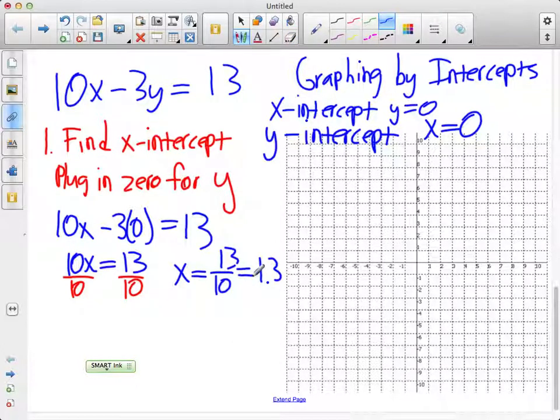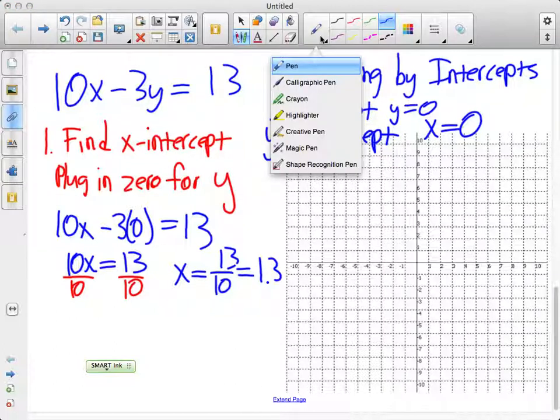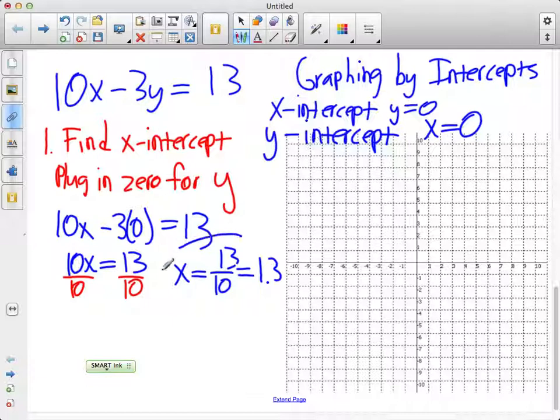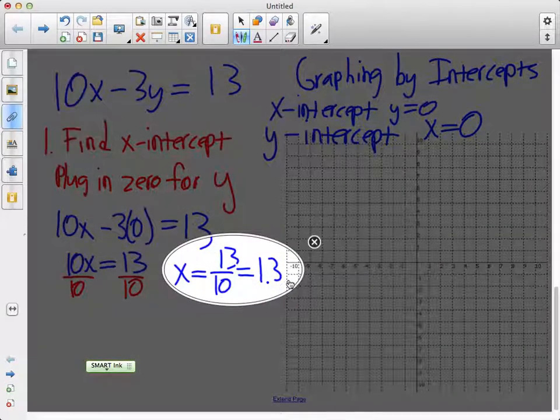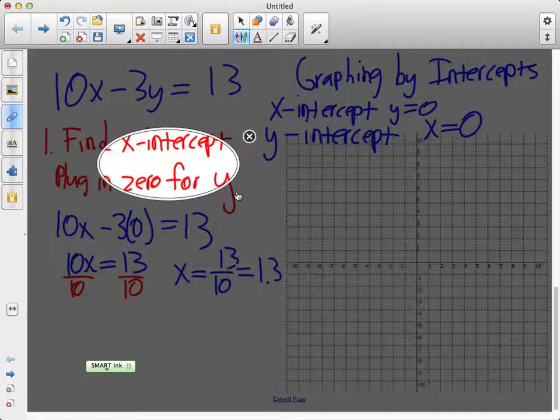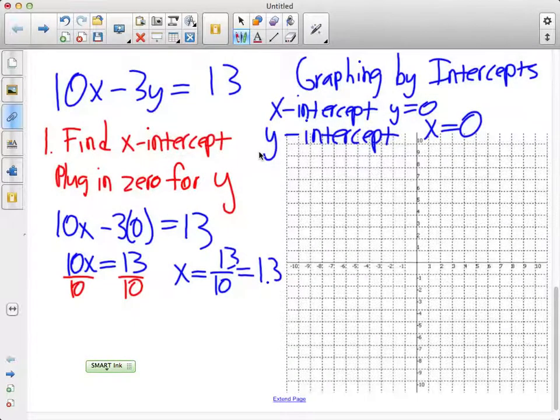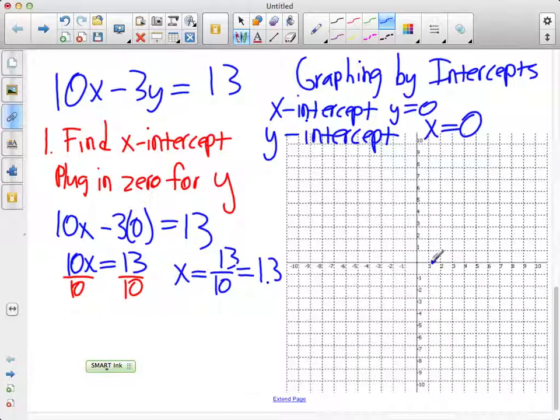So my x-intercept is x is 1.3, and y is 0. We plugged in 0 for y to find it. So I'm going to plot the point 1.3, which is about right here. And it's on the x-axis, meaning y is 0.